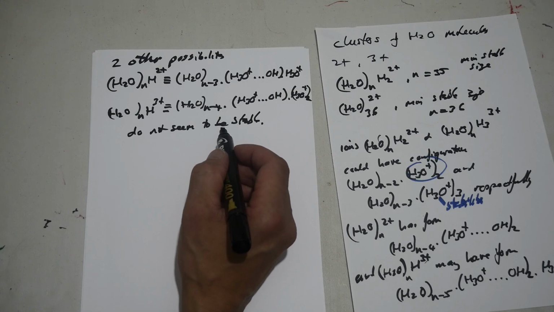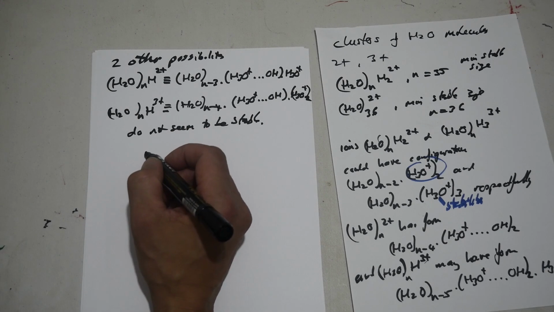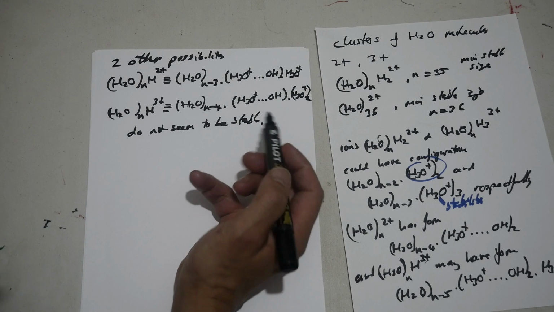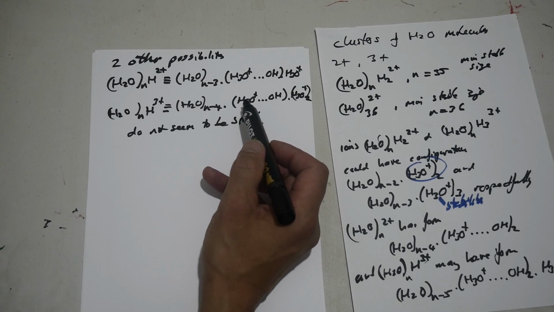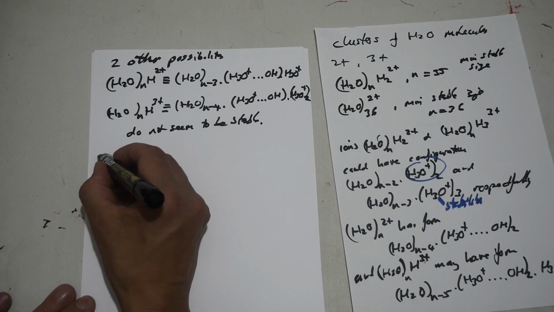So you get multiply charged clusters with unprotonated ions needing the charge that's present. So yeah.